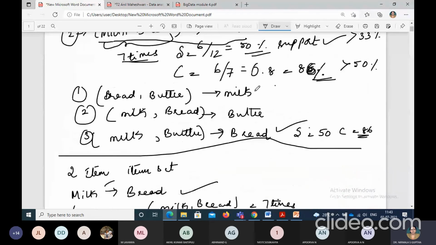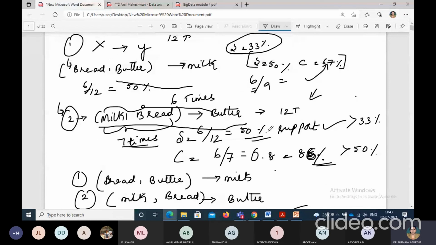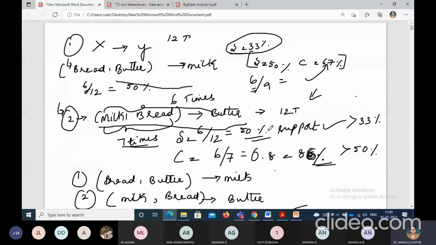When we were doing this particular problem, the data set of selling 5 products: milk, bread, butter, cookies, ketchup. Why didn't we go after 3 items? So we stopped at 3 items. Could anyone answer me? Why didn't we go for it next?